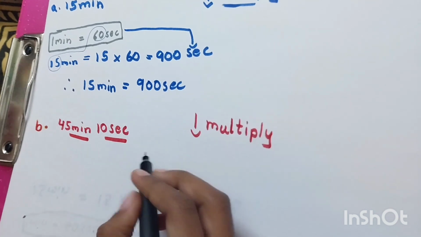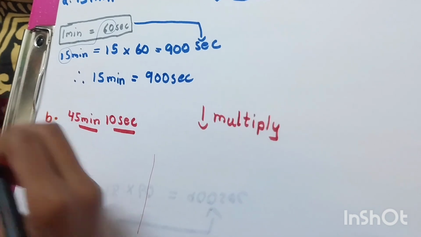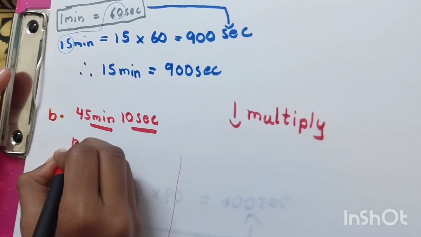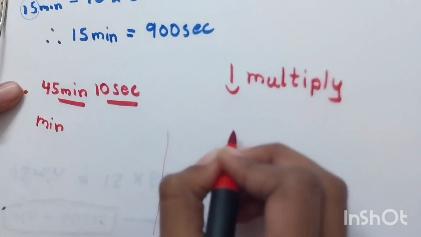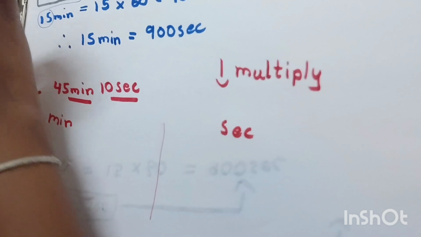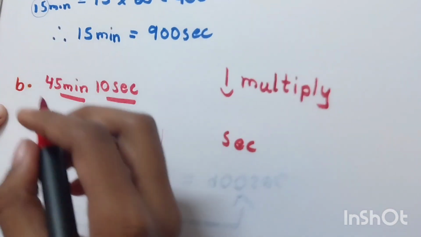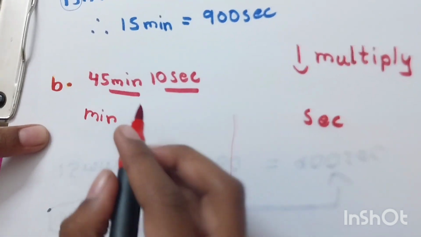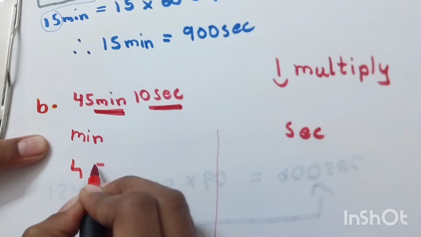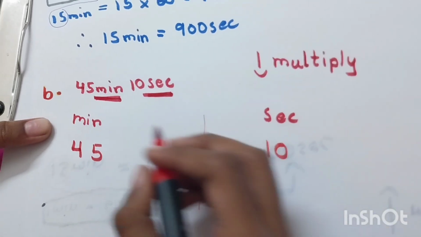First we have to draw a line to separate the units: minutes and seconds. Now write the numbers in the question: 45 minutes, 10 seconds.